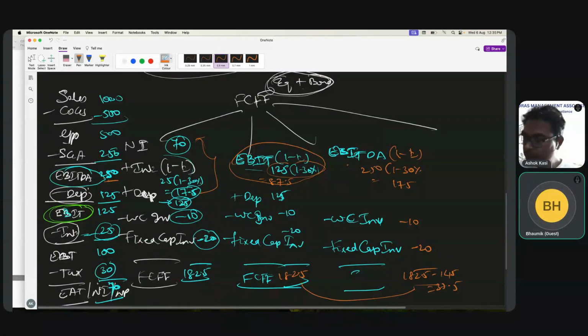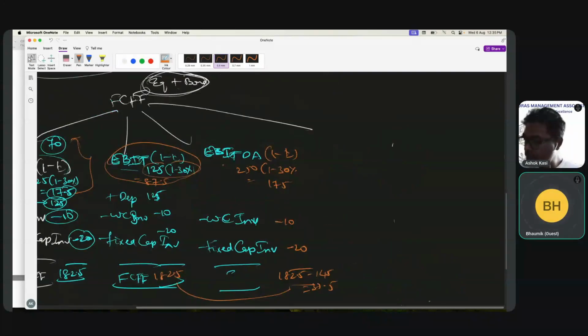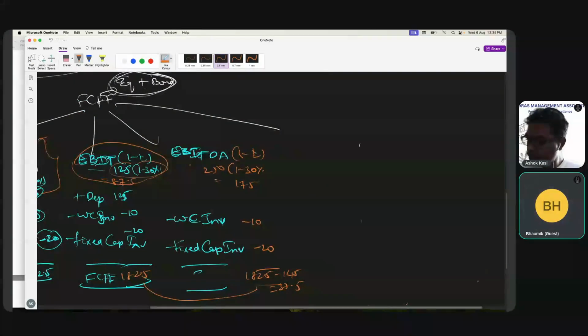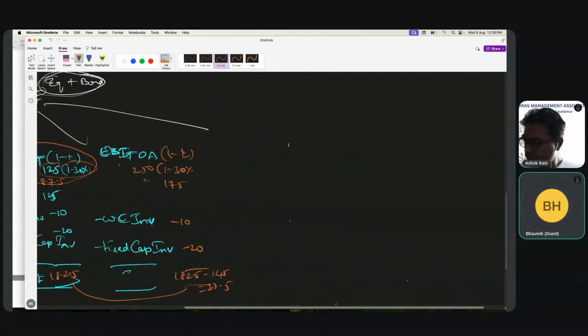See, this is EBITDA, EBITDA into 1 minus tax. I'll write separately here. See, this is EBITDA.